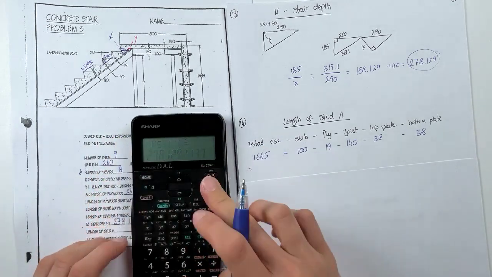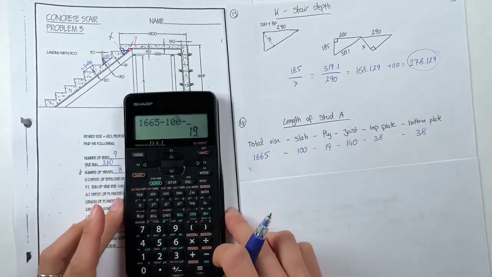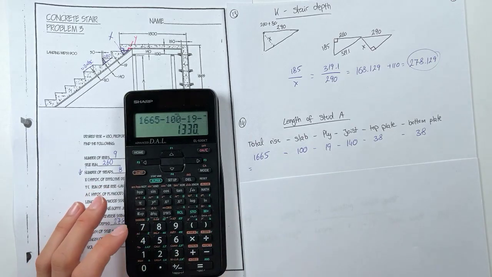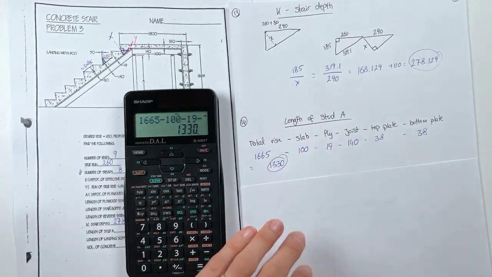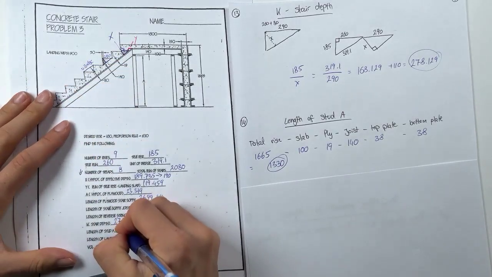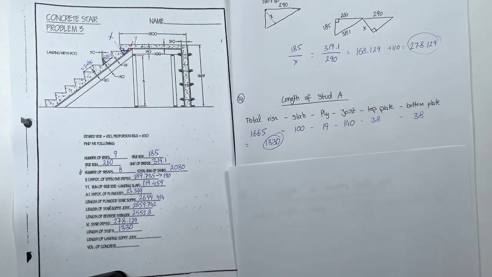And let's pop it into the calculator. 1665 minus 100 minus 19 minus 140 minus 38 minus 38. 1330. That is the length that you get to cut stud A at. Cool. Let's check out the next one.